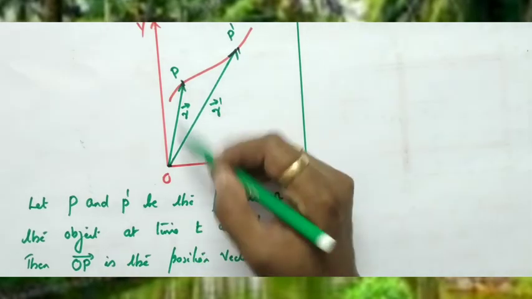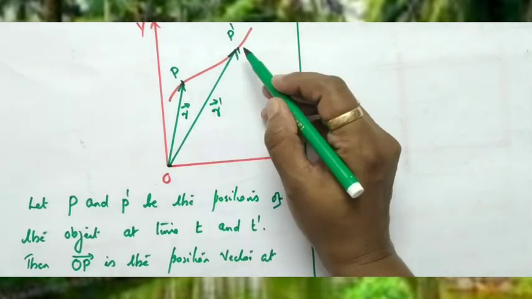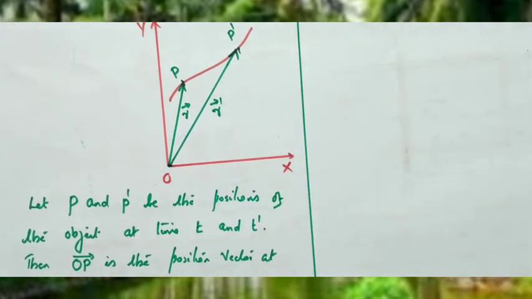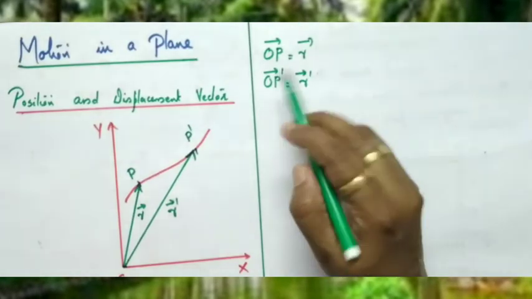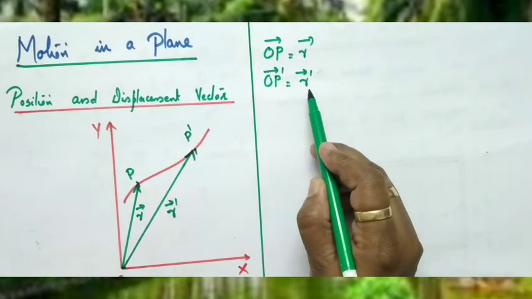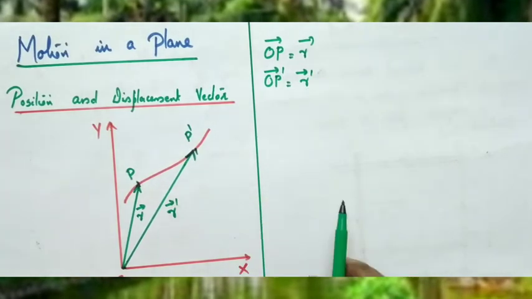So vector OP is equal to vector R and vector OP dash is equal to vector R dash. Okay, so that is the position vector.